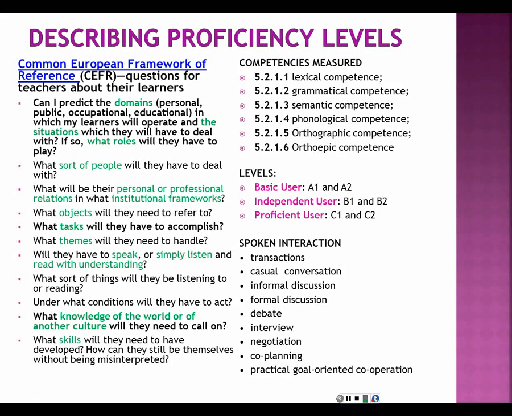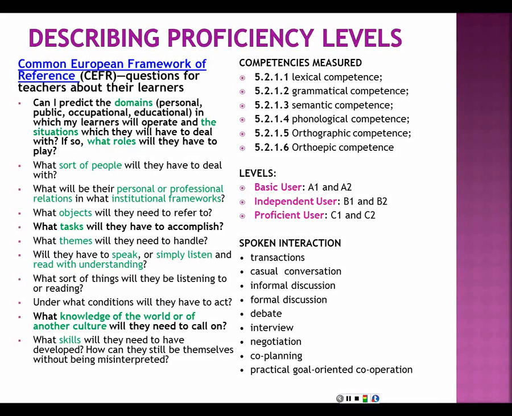So if you hear somebody saying, oh, my learner is at B2, they are describing the learner in terms of the CEFR continuum. And a B2 learner would be relatively independent, and we're going to look at some can-do statements again.